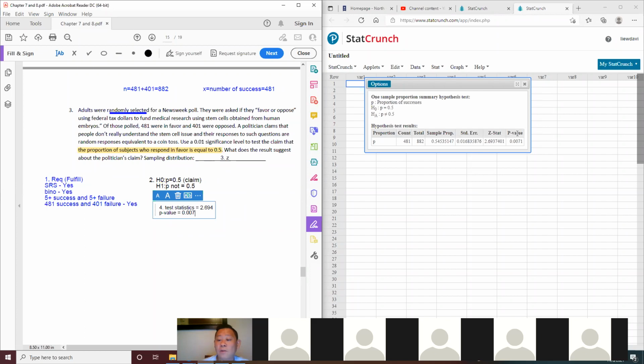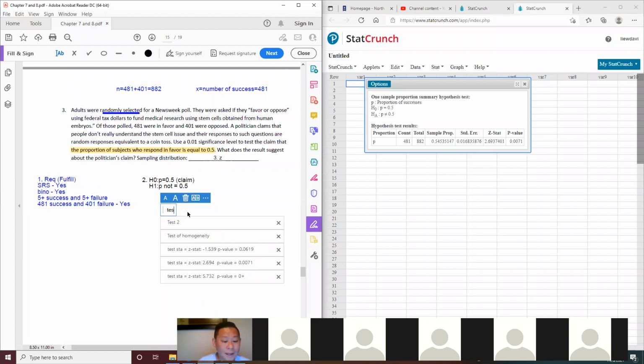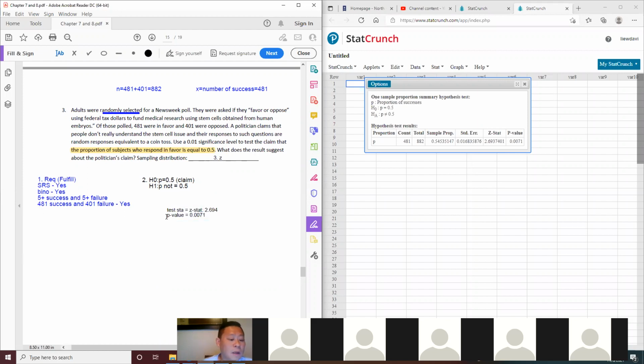Yep. So this is the p-value. We are only concentrating on these last two numbers here. So that is your test statistic and your p-value. So this is step number 4 here.